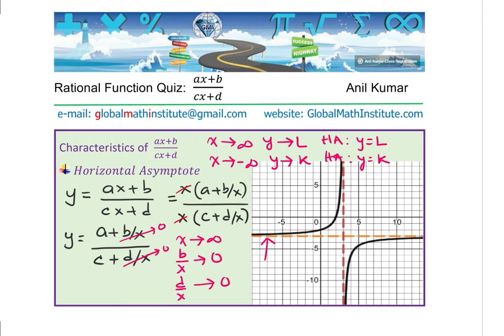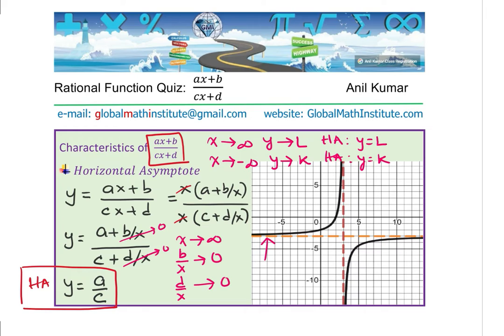And that results in y equals a over c. So that becomes the equation of the horizontal asymptote. You get the idea. So the horizontal asymptote will be y equals a over c for the general equation we are talking about. You get the idea, right?